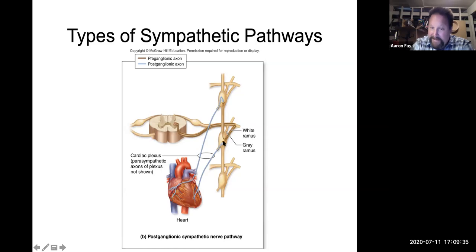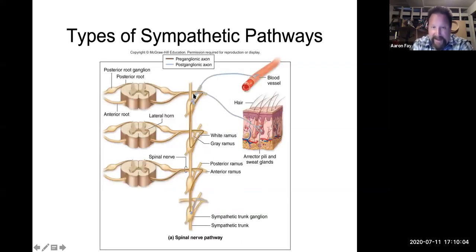It may synapse in the sympathetic trunk ganglion, but notice that the postsynaptic axon does not exit the spinal nerve. It leaves by a different pathway. It's not going through the spinal nerve. It's just straight out, leaving the sympathetic trunk ganglion. It is not passing through the gray ramus. Here, it is passing through the gray ramus.